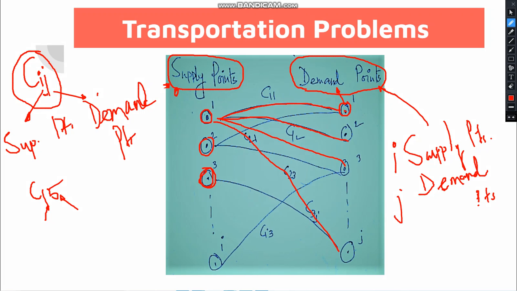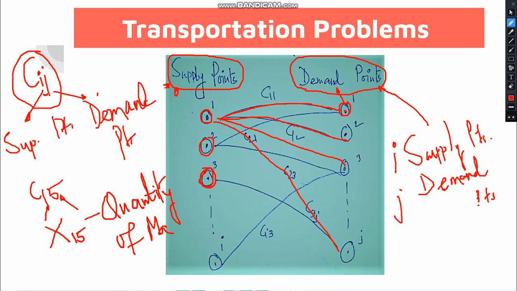Now let us consider X15. It is the quantity of the material which is being transported. When you are supplying a single unit of material, it takes C15 amount of cost.